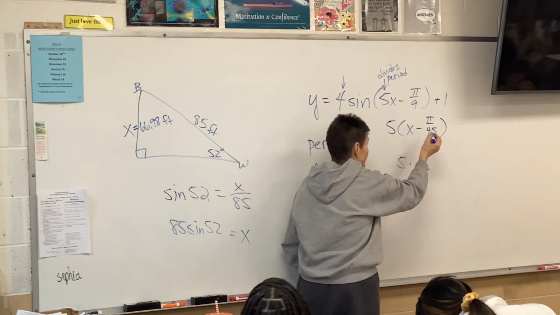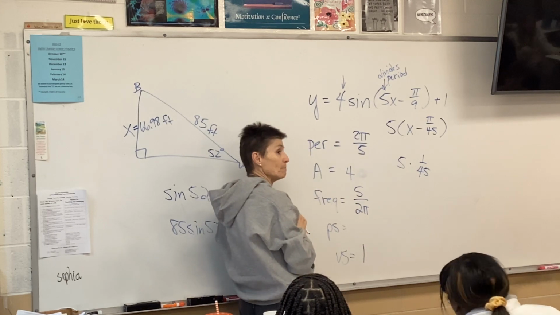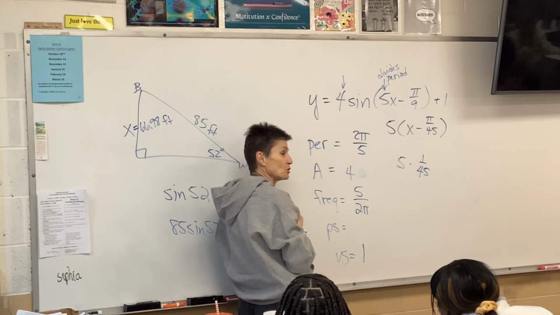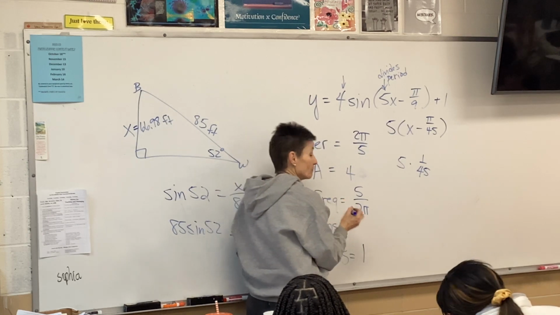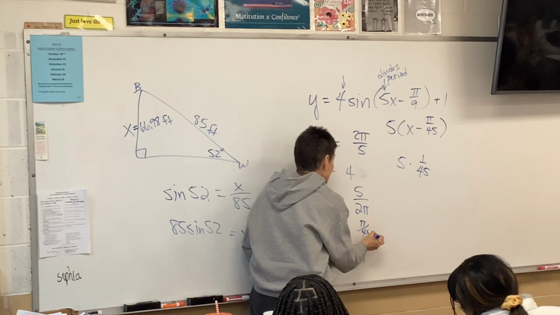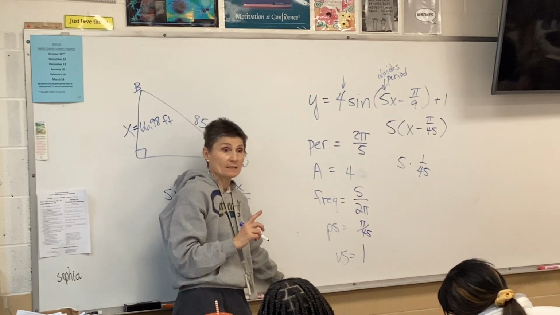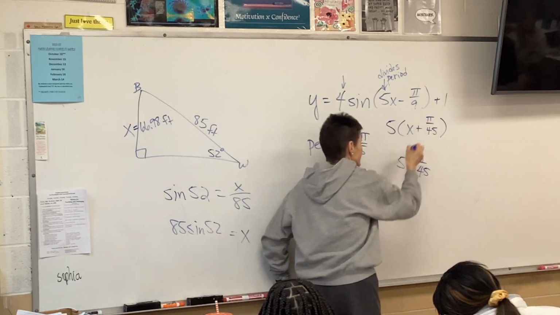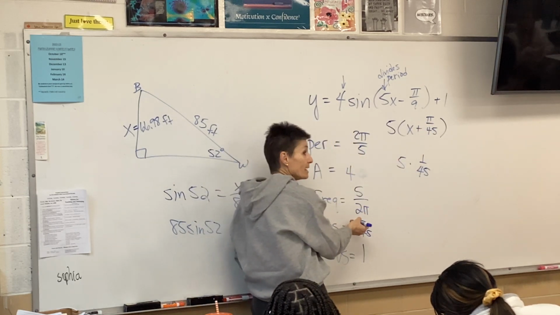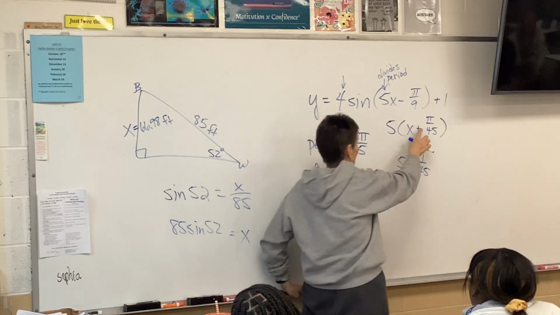If that's what I have when I factor out my 5, that means my phase shift is pi over 45. And again, it's okay for you to say pi over 45, because that's positive. But if this had been a plus, then you would either have to say negative or left, one or the other.